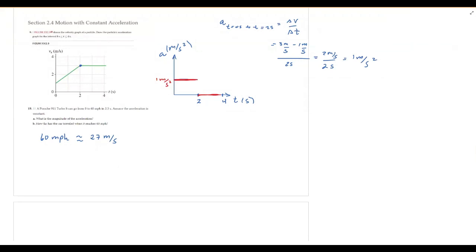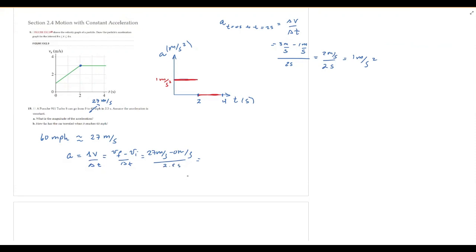So now I am going from 0 to 27 meters per second, because instead of 60, I will be working with a velocity of 27 meters per second. I say that acceleration is delta v over delta t, which is v final minus v initial over delta t. So it's 27 meters per second minus 0 meters per second over 2.5 seconds.